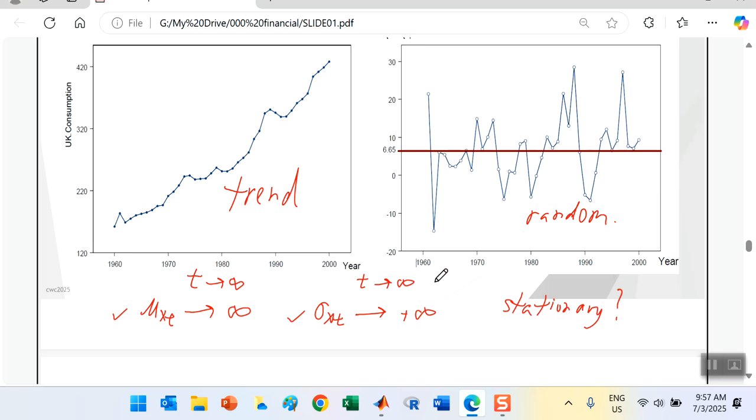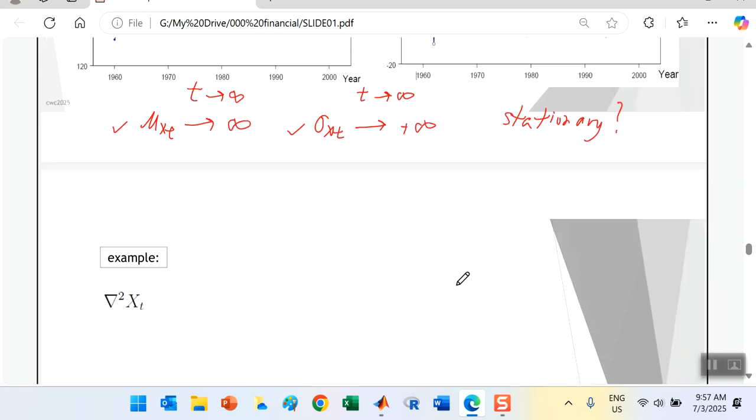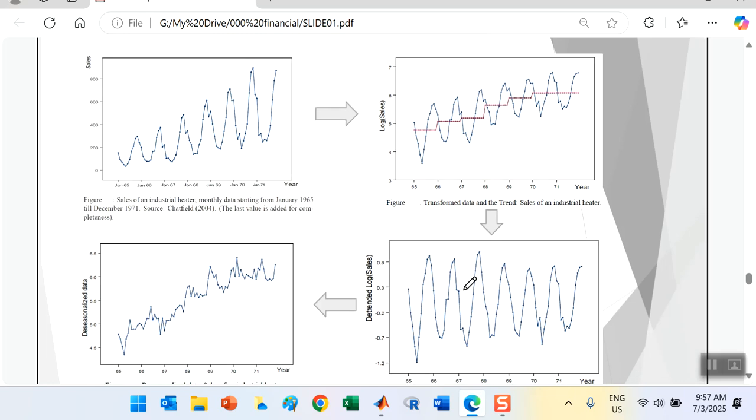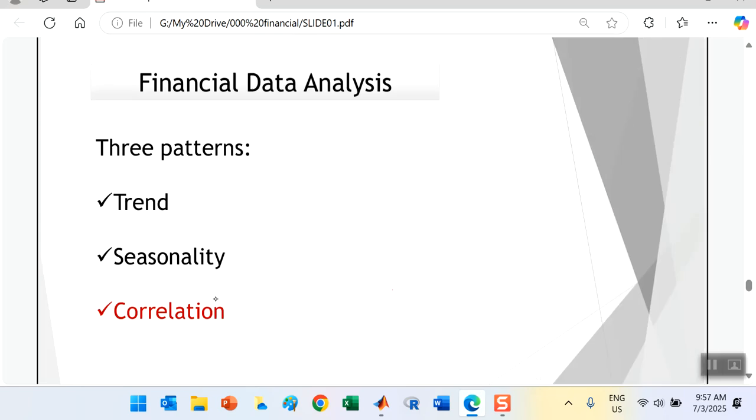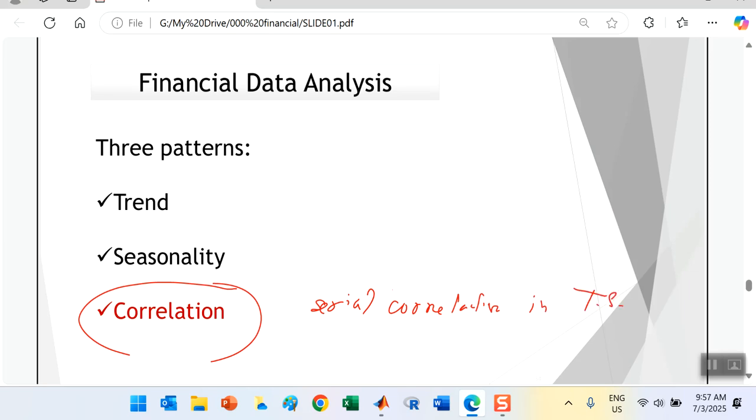This is important in the modeling parts afterwards. But in this study, we are more interested in analyzing the so-called serial correlation in the time series. That is our concern.